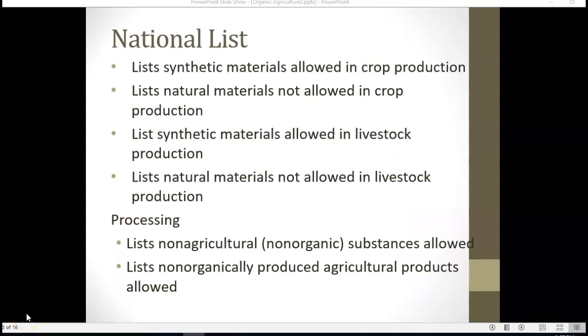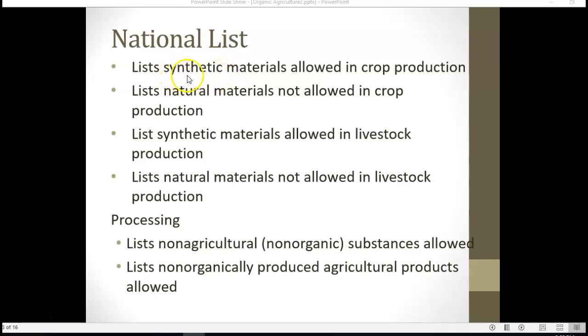The National List is another important standard in the National Organic Standards. This is going to specify what materials you can use. And again, I've mentioned that you can generally use anything that's natural, but you can't use synthetics. The National List does allow a few synthetics.